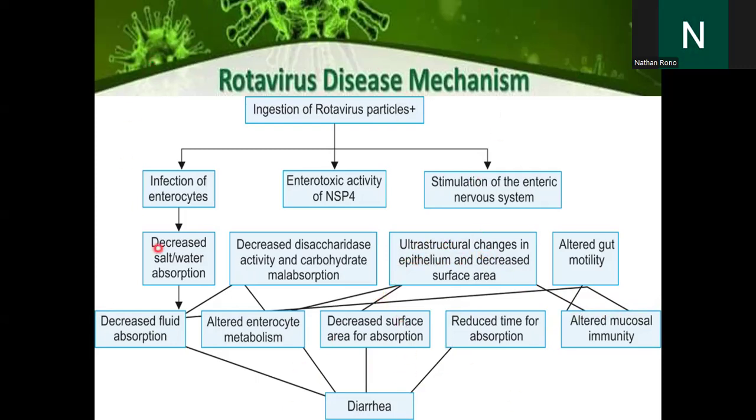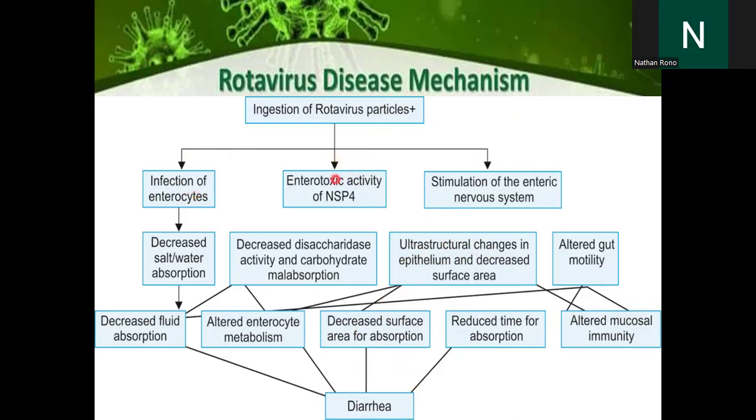So if you're to summarize the pathophysiology of rotavirus, you'll say it occurs in 3 ways. Number 1, infection of enterocytes. So in infection of enterocytes, what you have to know is that there's decreased brush border enzymes leading to accumulation of sugars, which leads to drawing of water, leading to osmotic diarrhea.